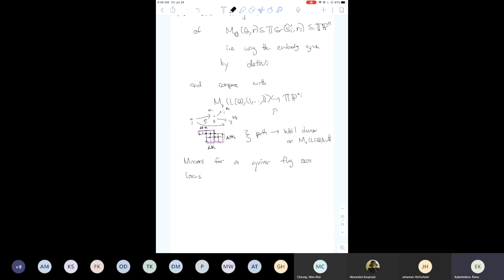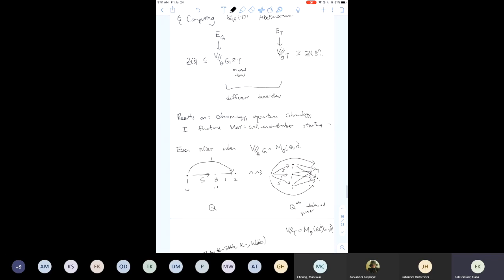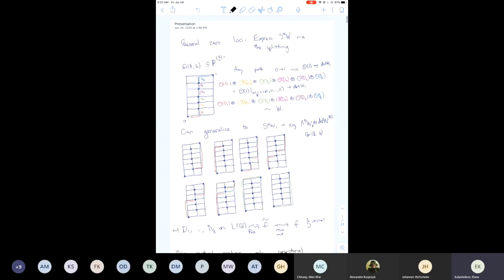So this had been done before for flag varieties when the subvariety was a complete intersection, so cut out by line bundles, but you can also do it for vector bundles. So I'm going to scroll up to show a picture I wrote before the talk.